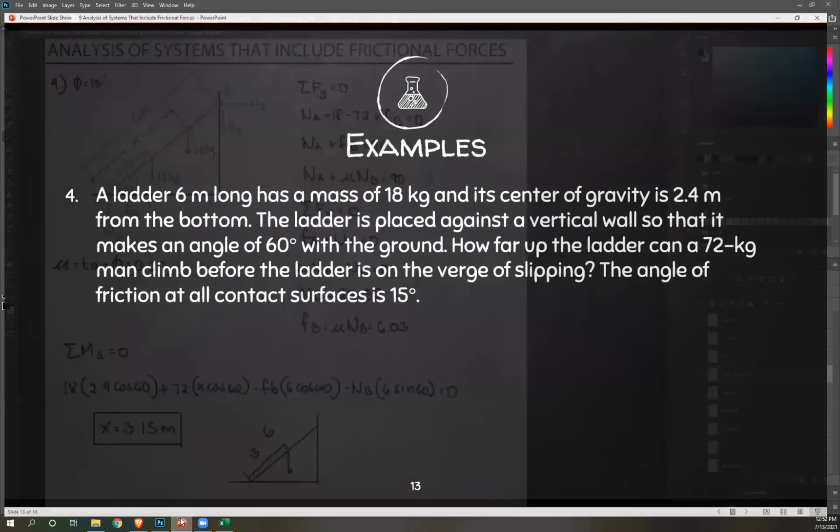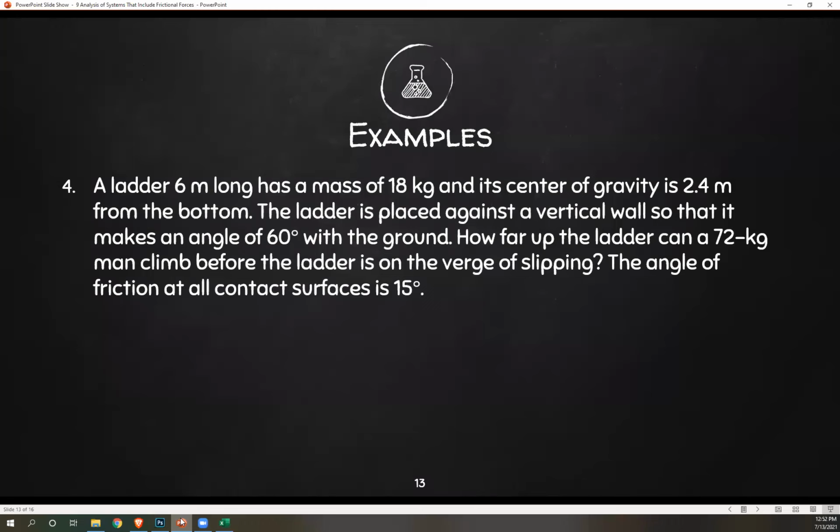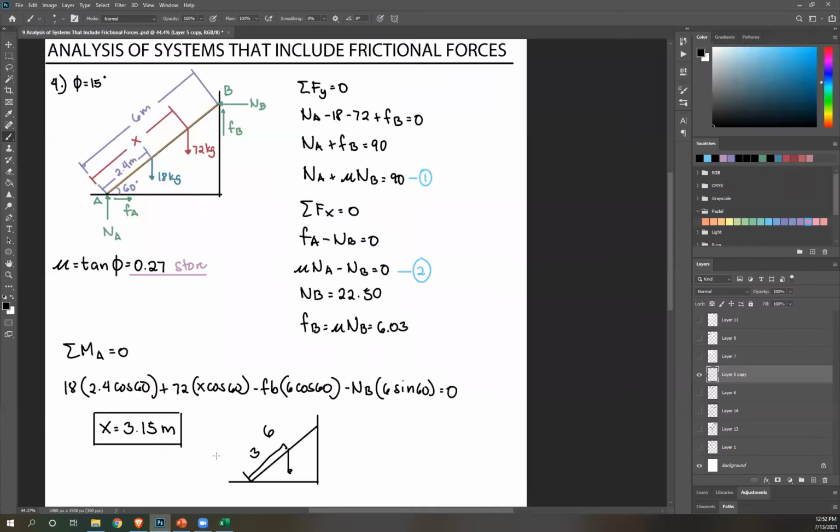Now here in the problem, the location of your centroid is given, meaning the ladder here is not homogeneous. That's why it's not at the 3-meter mark. If there's no mention of the location of your weight, and it's not mentioned that your ladder is not homogeneous, weight will always be at the center, so at half the span of your ladder. Okay. So that's number 4. Any questions for number 4? Please answer in the chat.